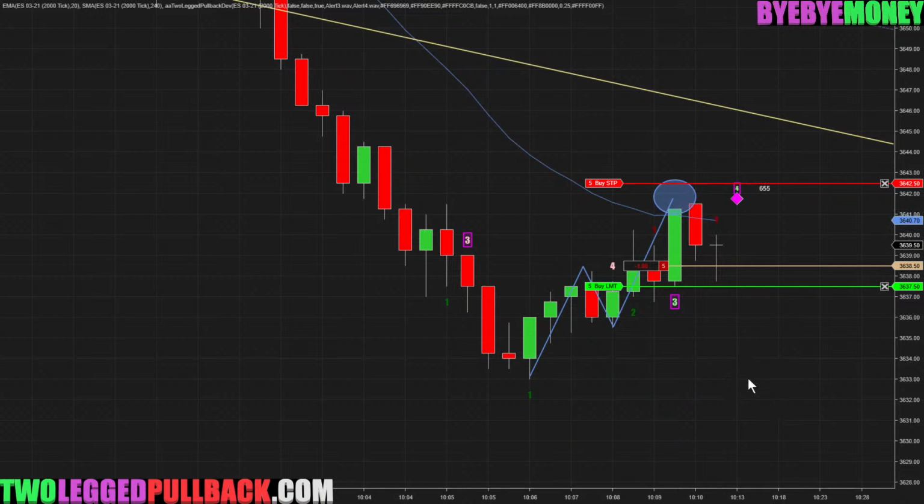It's looking sketchy. I'll keep it at the 4 points here. Let's see what happens. Alright, I'm gonna reverse this trade here. I think I gotta get out of this. That is not what I want to see.